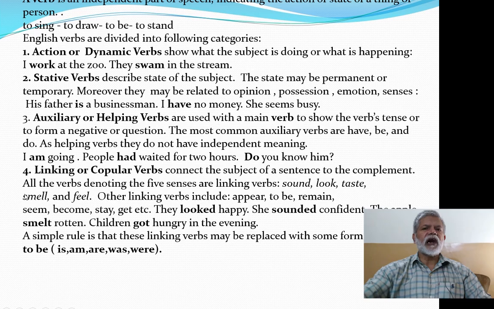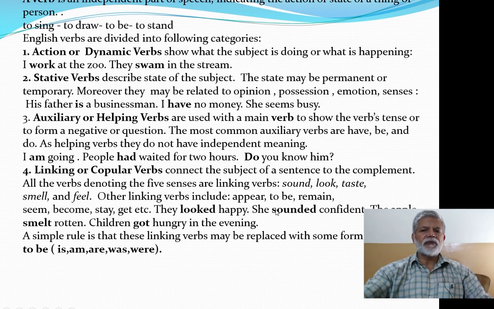So these verbs are linking verbs because their function in a sentence is simply to connect the subject to the complement. For example, they looked happy. Looked is a linking verb here. She sounded confident.